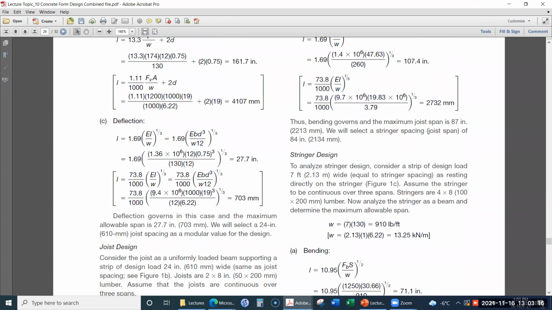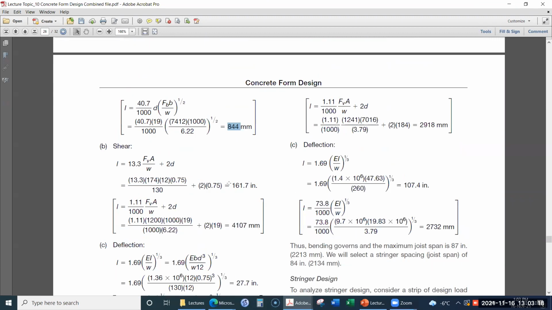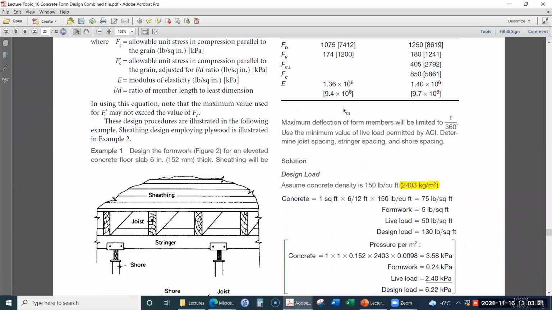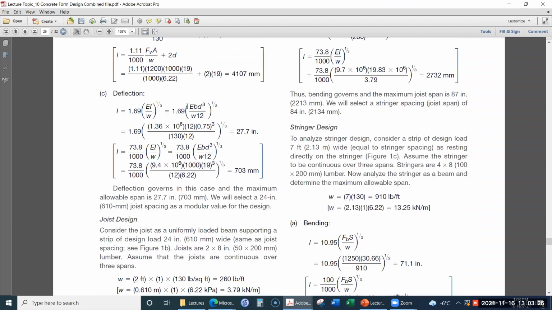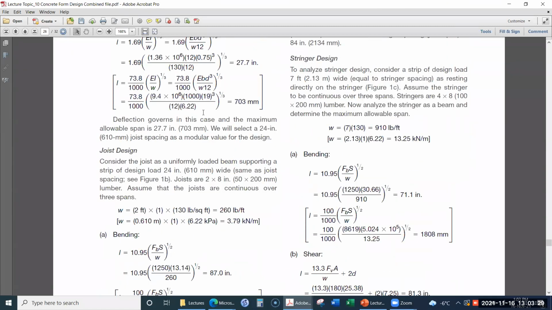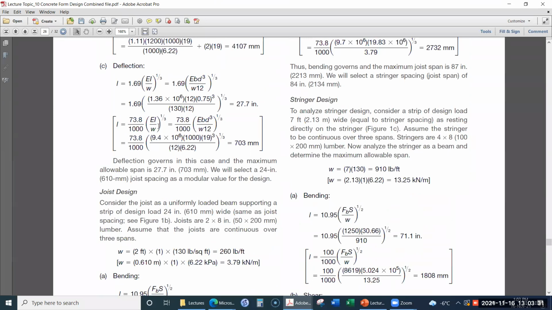The value of E is 9.4 into 10 to the power 6, which is given over here. E is the modulus of elasticity.